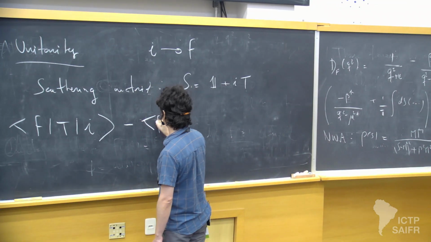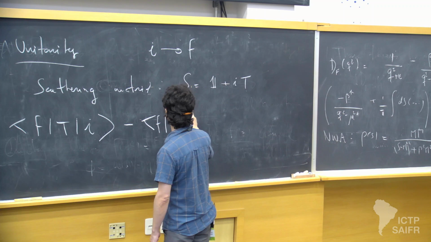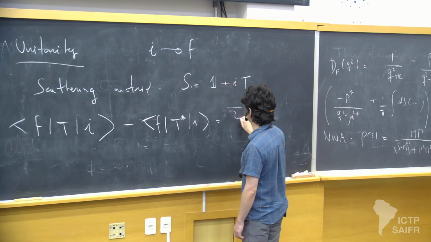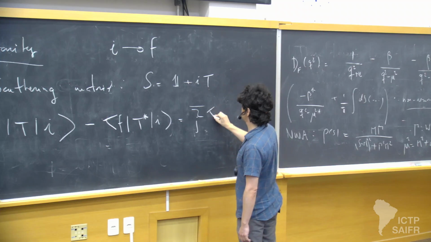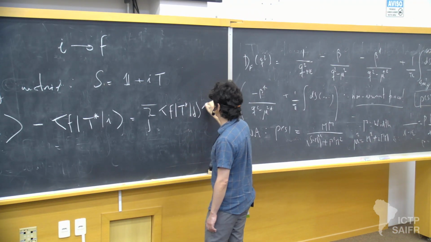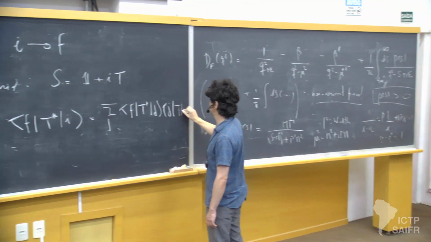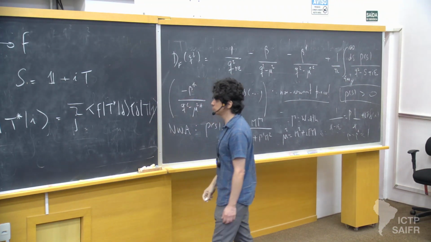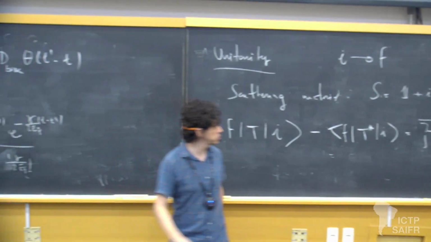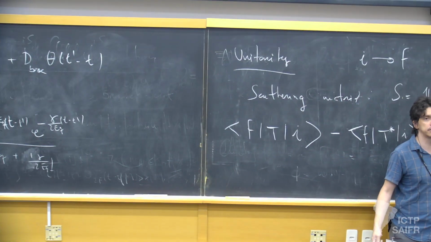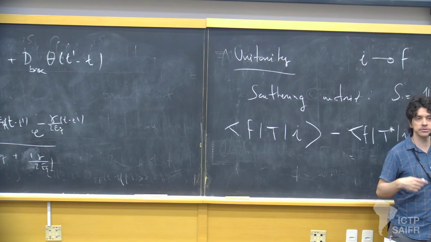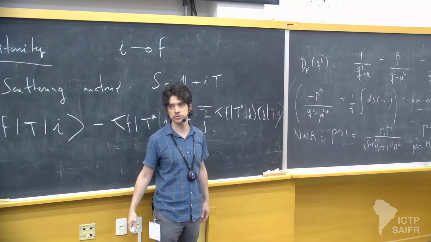Then this relation should be satisfied: the sum over J of the matrix element from I to J, times its conjugate, with J to F. This sum is a sum over everything that could go on shell here.